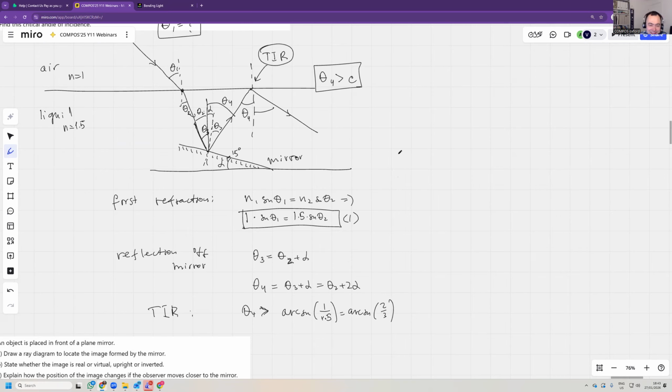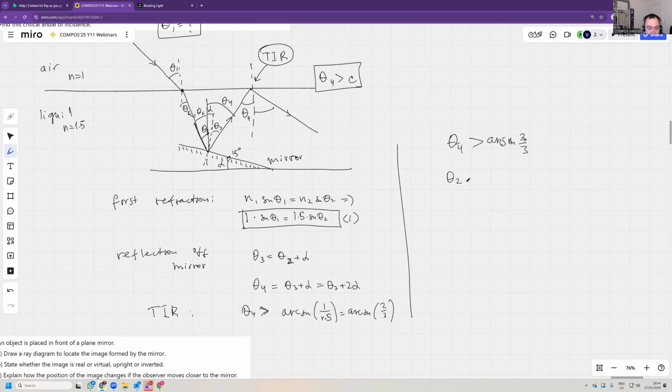Okay, brilliant. And now we reconstruct the whole thing. So theta 4 must be greater than arc sine 2 over 3.